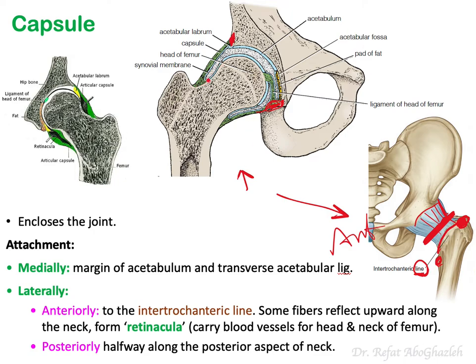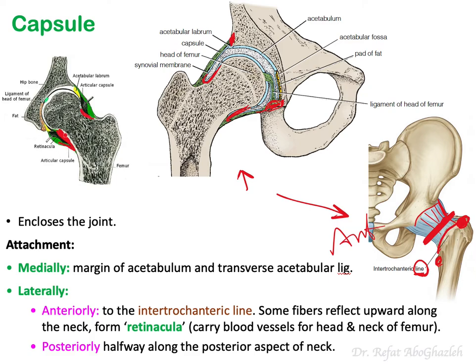Laterally, anteriorly to the intertrochanteric line, and sometimes it gives fibers that extend over the head and neck. These fibers are known as retinacula. This retinaculum should be here, and this is another retinaculum.